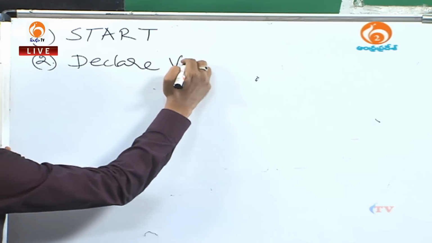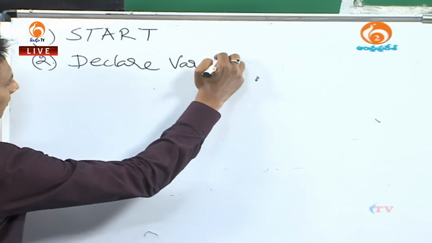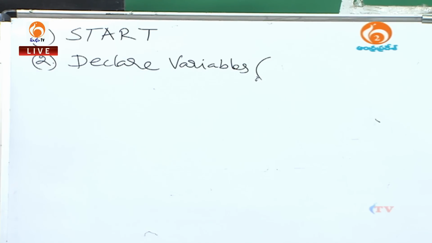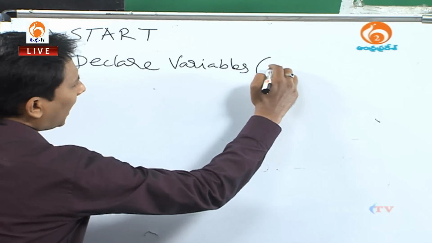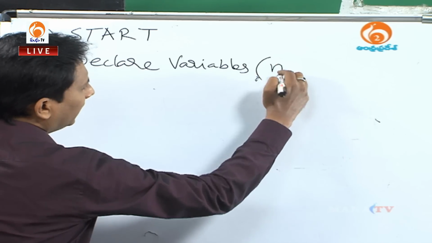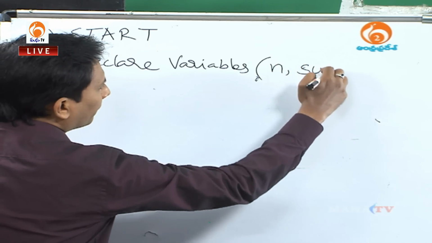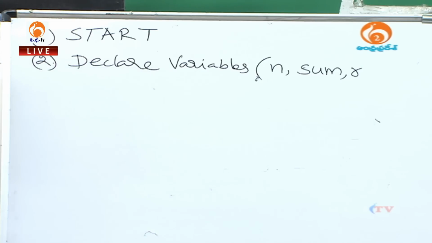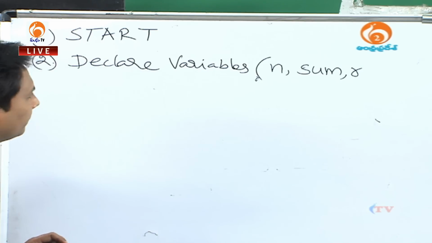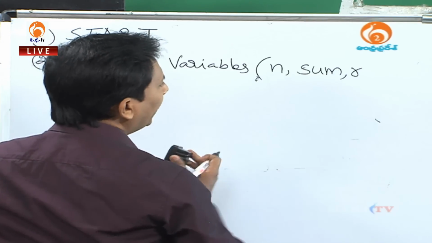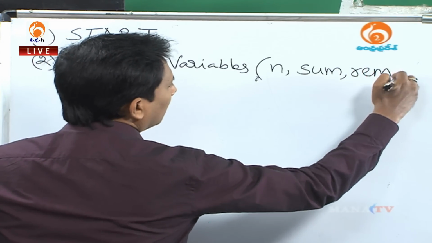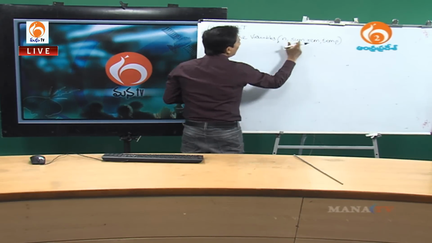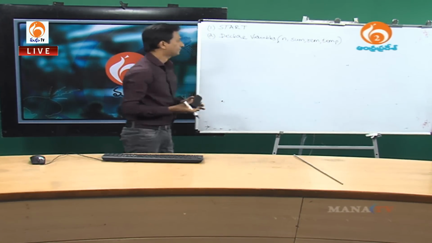Here I need one variable, that is integer n, next sum, next reverse number or remainder, next a temporary variable. These are the four variables I need.